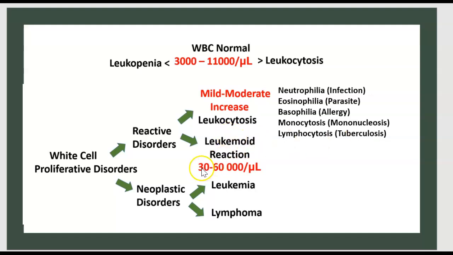Leukemoid reaction is between 30 to 60,000 per microliter. A neoplastic disorder could be leukemia and lymphoma.